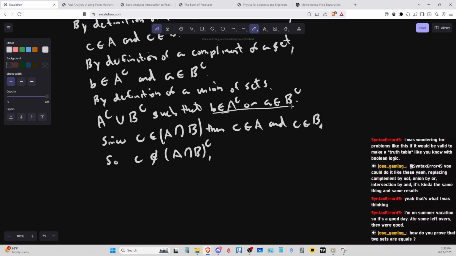I mean, logic-wise, when I'm thinking about it, since C is not an element of the complement, and A and B are in their separate sets, then A within A, and well.